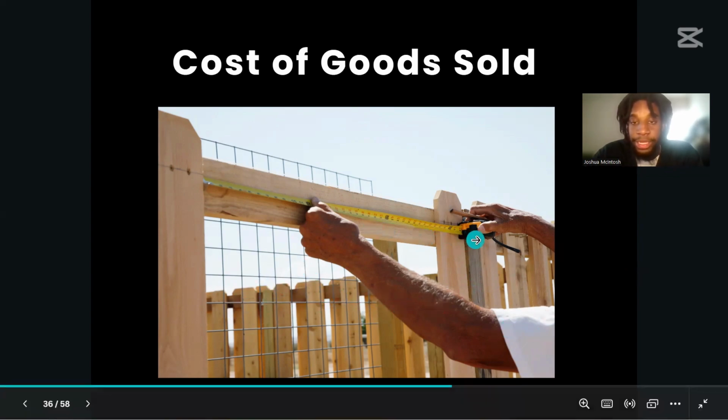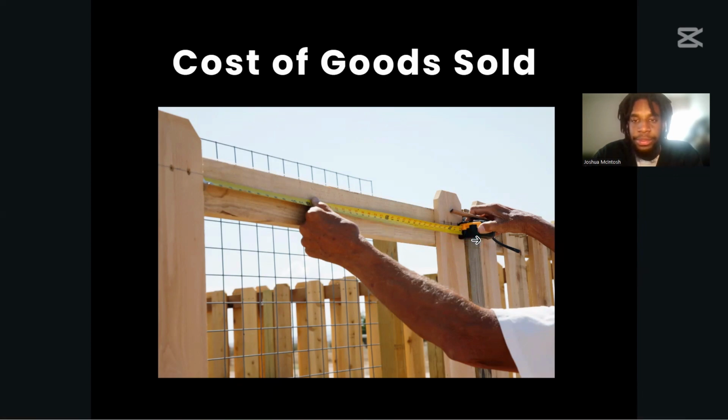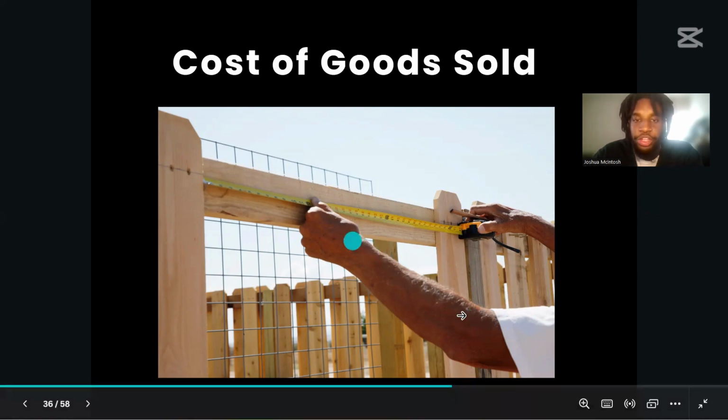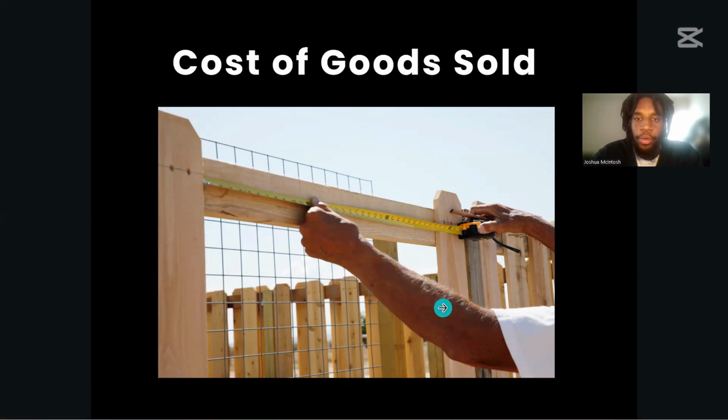This tape wouldn't be categorized as cost of goods sold since it's something that I'm using for multiple things. So I'll list it as an operating expense. But depending on how you want to categorize it, you can put your labor in there as cost of goods sold, or you can pay yourself separately as a contractor. So hopefully that clears up and really opens your eyes to what a cost of goods sold is.